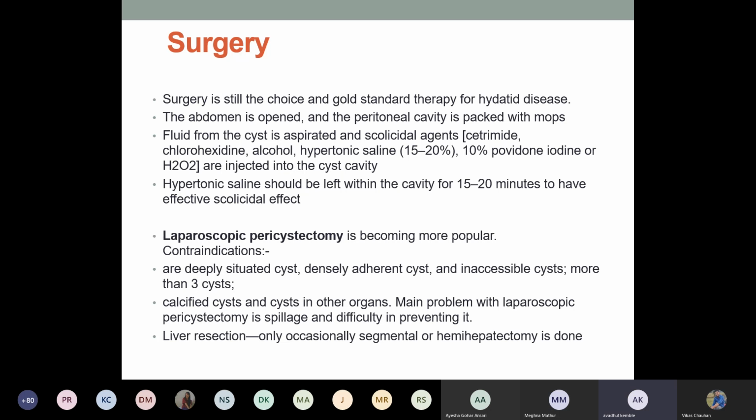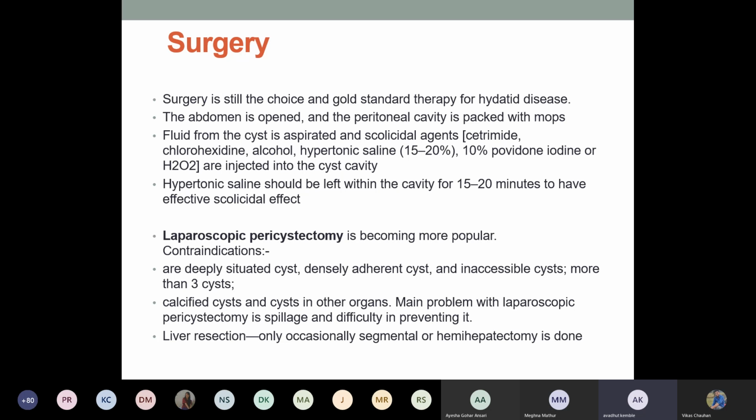Innovation in minimal access surgery has given another modality, laparoscopic pericystectomy, becoming slowly popular.